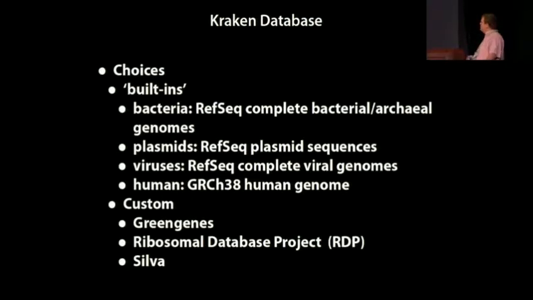What's important when you're using Kraken is the choice of database you're using. Kraken has facilities to automatically create a bunch of different databases, and they're built off of the RefSeq references. What's important to note is that there's a standard database that Kraken will make.